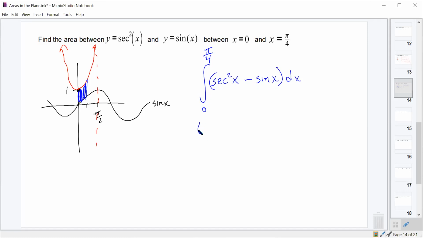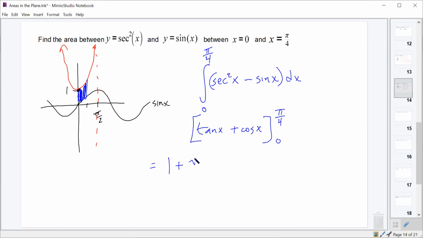Tangent x plus cosine x, and we'll evaluate that from 0 to pi over 4. Tangent of pi over 4 is? One. Cosine of pi over 4 is?